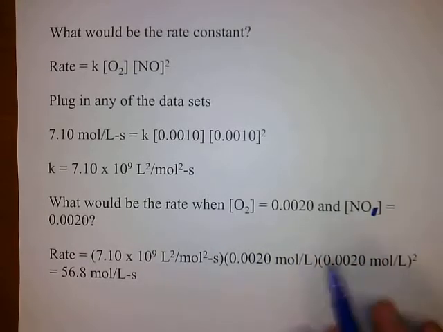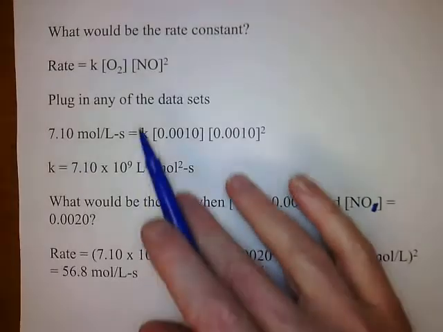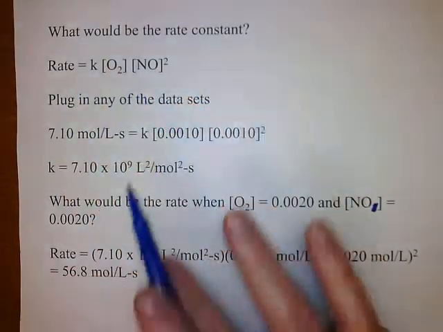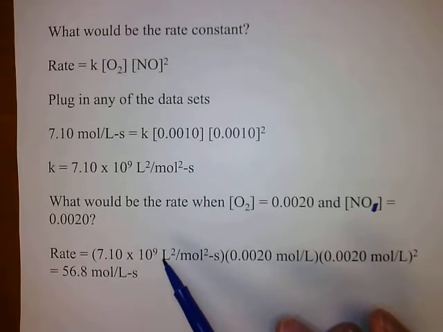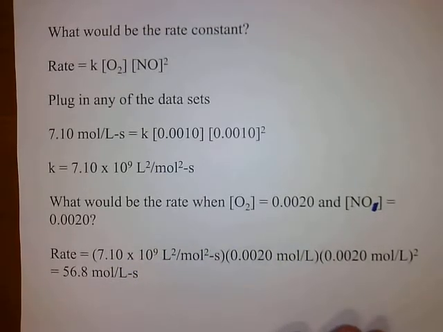So now we plug in the data. We know the rate law and we know the rate constant. So 7.1 times 10 to the 9th times 0.0020 times 0.0020 squared is 56.8 moles per liter per second. Okay.